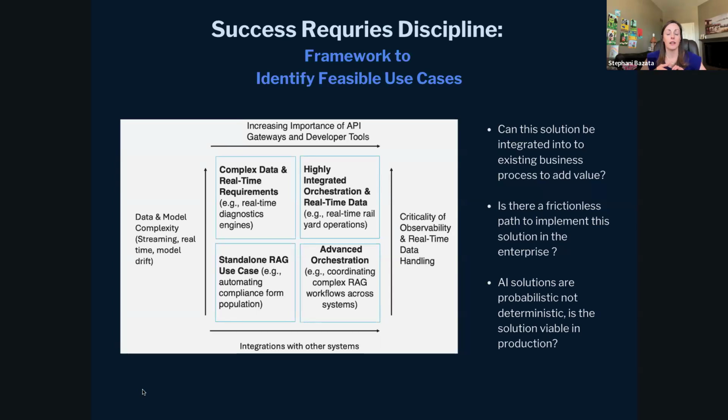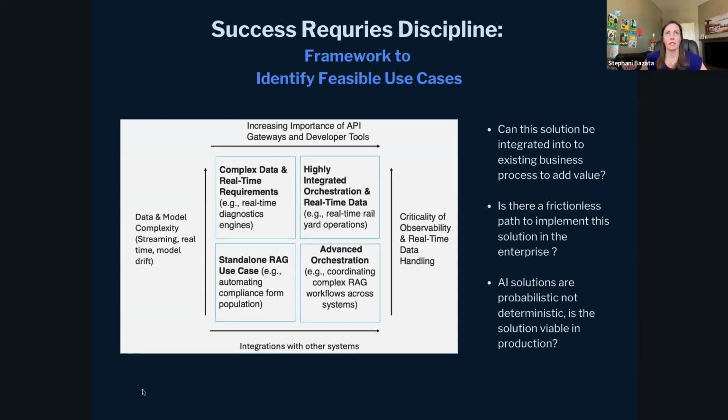And then the other really big thing that I think we're all probably fairly familiar with right now, with all of the focus on RAG implementations over the last year, is that not everything is an AI use case. AI solutions are probabilistic by nature. So if you're looking at a deterministic use case, meaning you must get a correct answer within a set of defined answers, you're probably not looking at a good use case for AI.